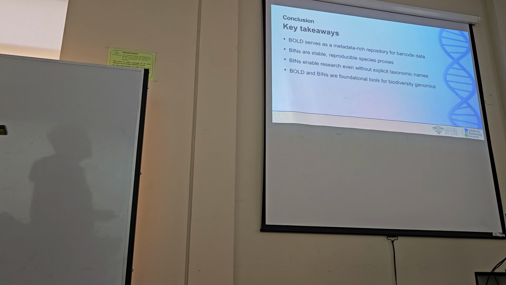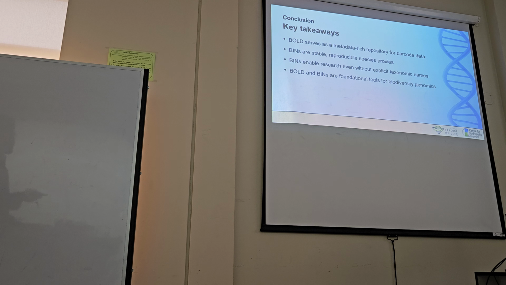Okay, just to wrap up this lecture, Bold is the very metadata-rich repository for barcode data. So it's like NCBI, but it has a lot more metadata, meaning information about each record.